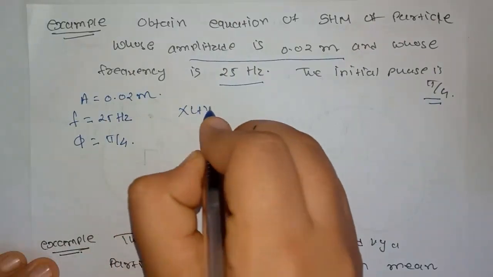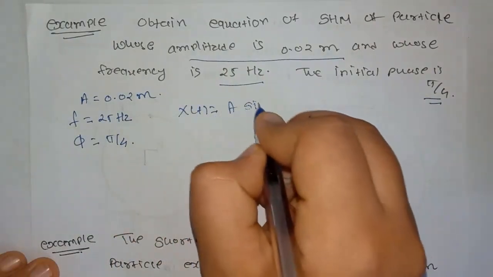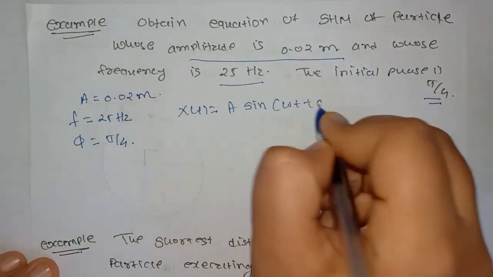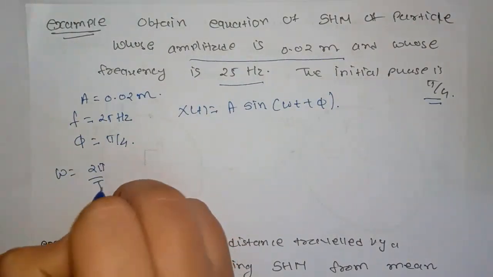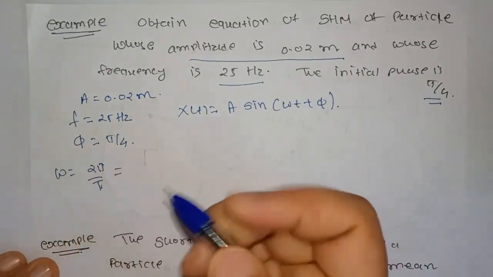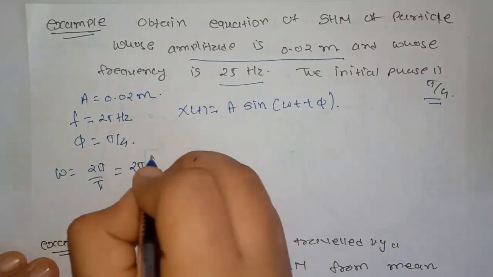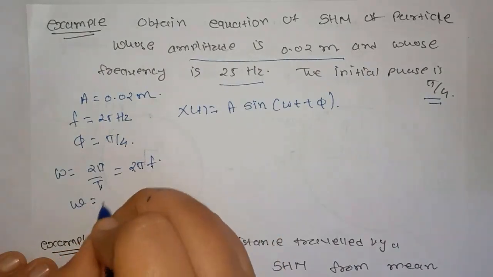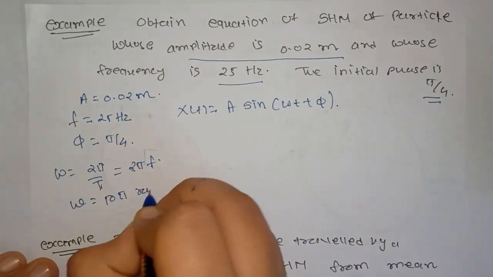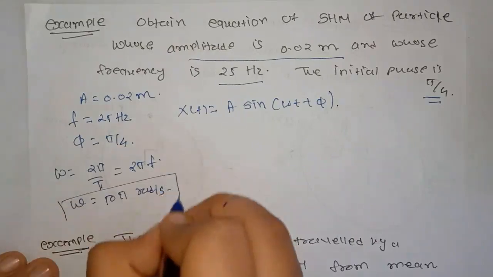The position equation can be given as A sine of omega t plus phi. Omega is 2 pi by time period, but 1 upon time period is frequency. So omega is equal to 2 pi f. So omega will be 2 into 25 pi, that will be equal to 50 pi radian per second.